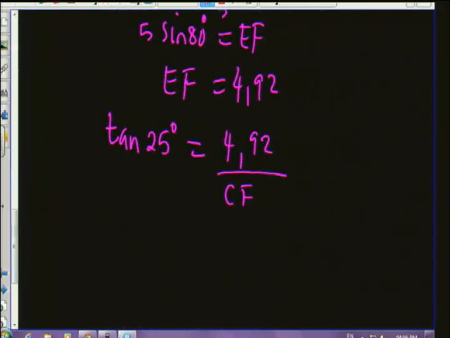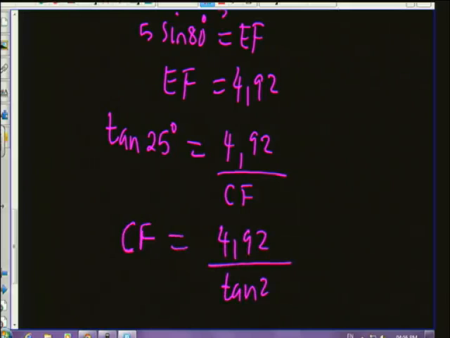the one that we're looking for, and we need to make CF the subject of the formula, so we multiply by CF on both sides, and then now we'll have CF times tan 25 equals 4.92. Then the undo of multiplication is division, so we'll have CF equals 4.92 divided by tan 25.